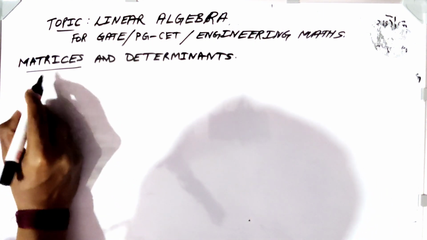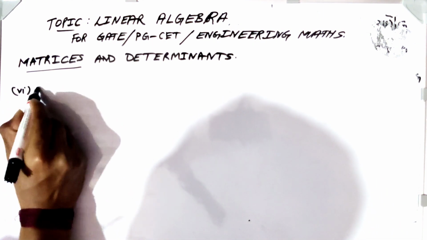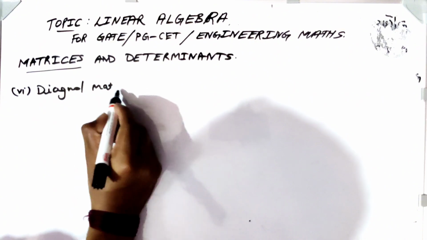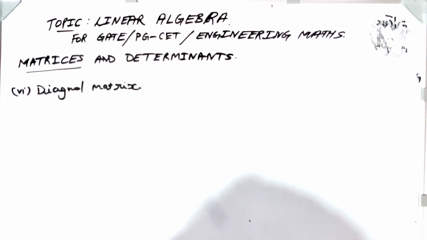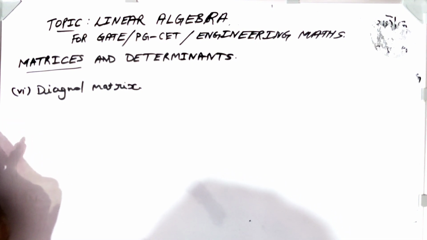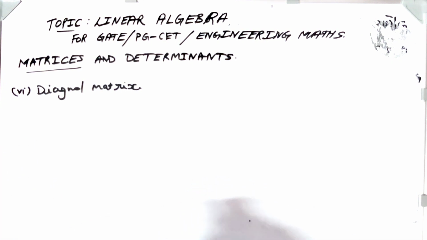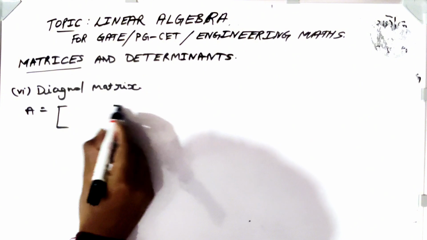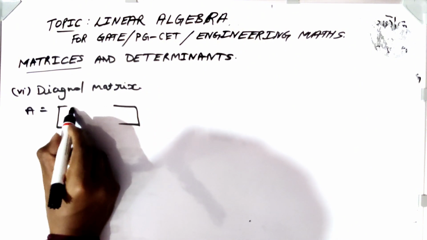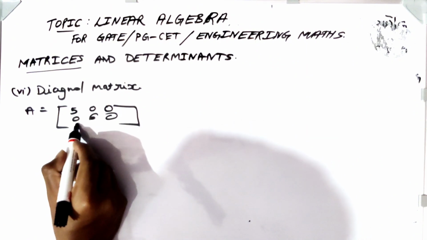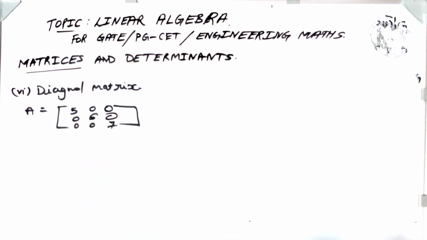The next type of matrix is the diagonal matrix. A diagonal matrix is a square matrix in which all the elements except the principal diagonal are 0. For example, A is said to be a diagonal matrix: 5 0 0, 0 6 0, 0 0 7.